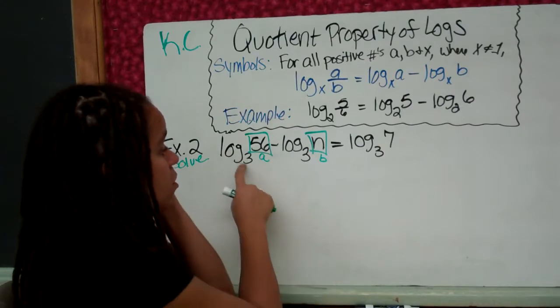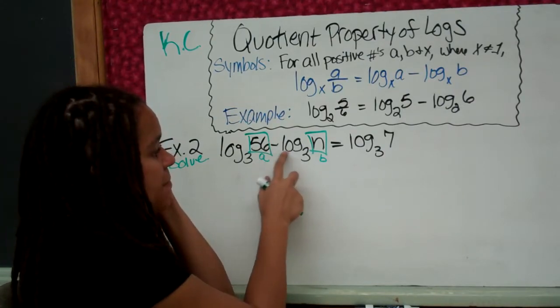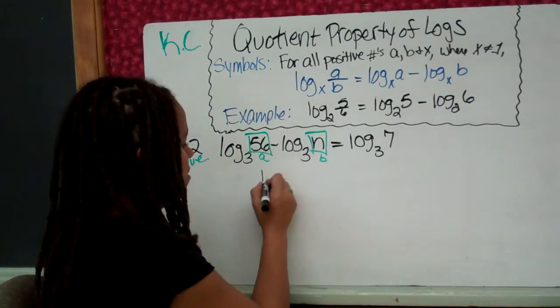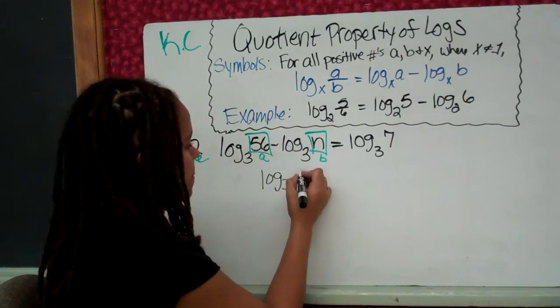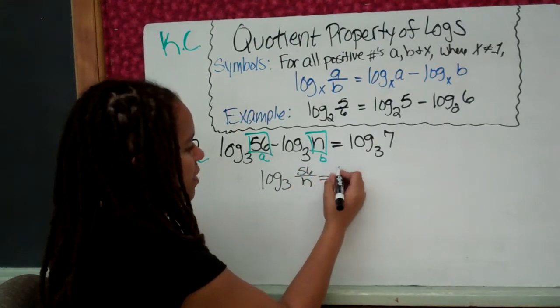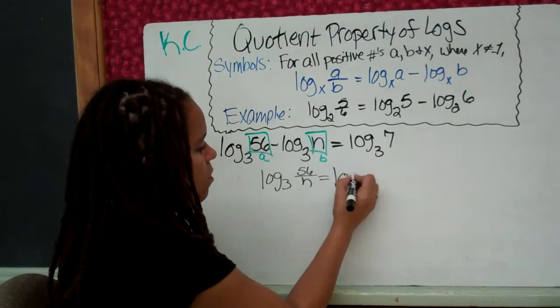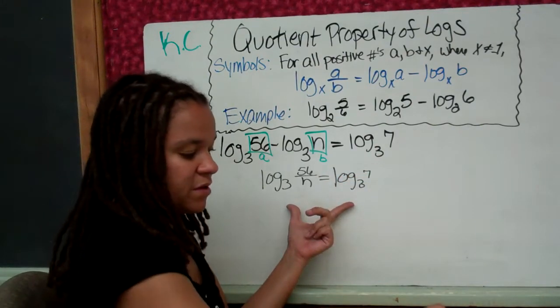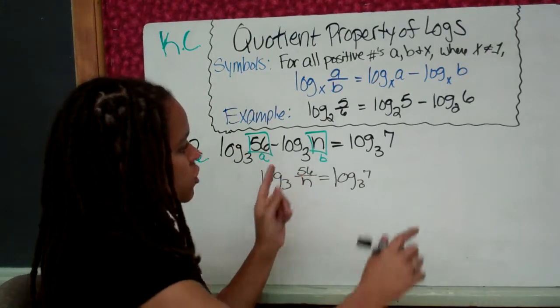If you have logs with the same base, a minus b, it's log base x of a over b. So this turns into log base 3 of 56 over n, and we're going to set that equal to log base 3 of 7. First we used the quotient property here.